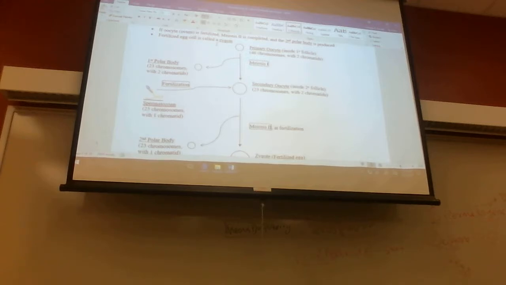One of these will be a first polar body, which means that's just extra cell material, and it's recycled. This next one in the female will become the egg, and it will get all the nutrients, because we only want one. If we go through enough pain for one, we don't want 2.